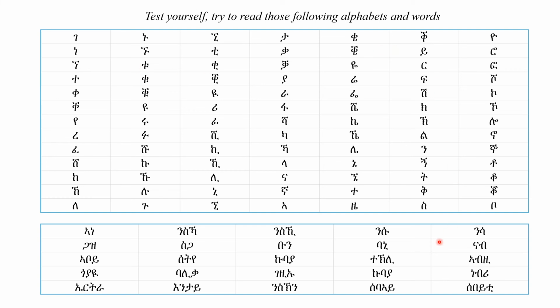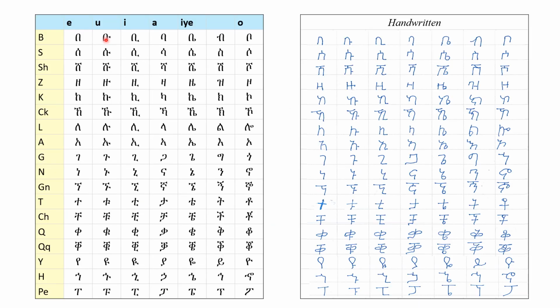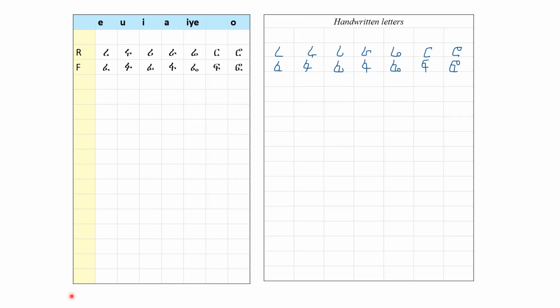Try to read these letters to test yourself. Until this point, we have learned the letters B, C, Sh, Z, K, H, L, A, G, N, N, T, Ch, K, Q, Y, H, P, R, and F. And those are the handwritten letters.